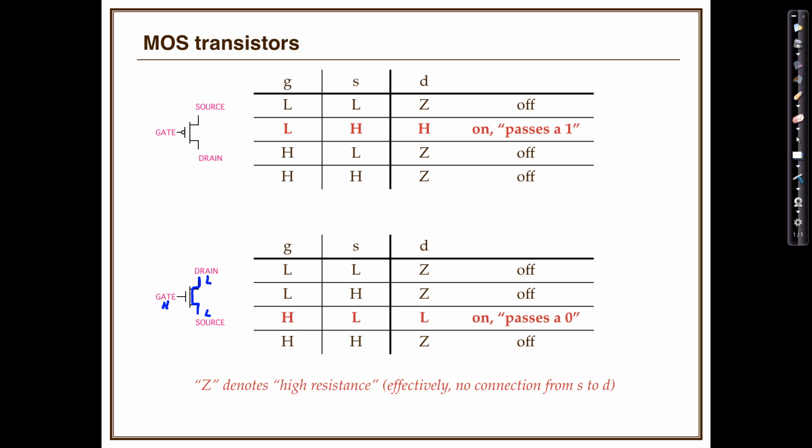In any other combination, the gate will either be lower than the source, which turns the transistor off, or the same as the source, which also turns it off, and again the drain is floating. So the PMOS transistor will pass a 1, and the NMOS transistor will pass a 0.